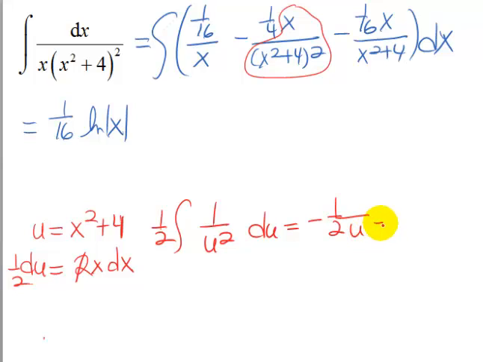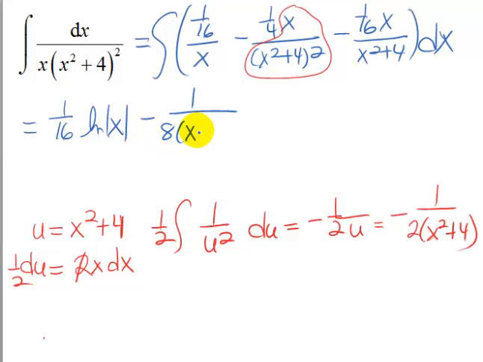So replacing the u, that's going to be negative 1 over 2 times (x squared plus 4). So we'll put that in up here, and we also have to multiply it by the negative 1/4. So that's going to be negative 1 over 8 times (x squared plus 4).